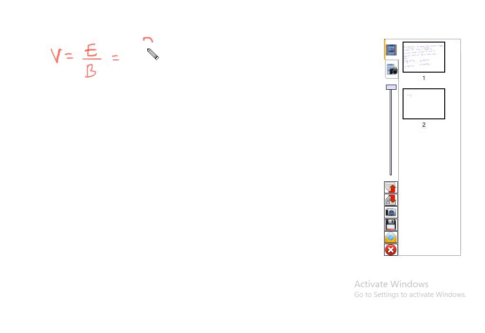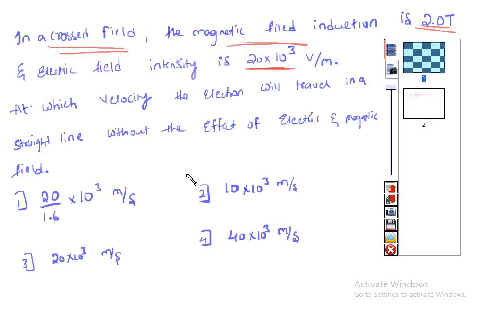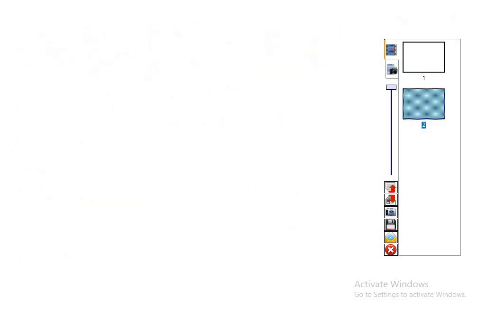E is 20 into 10 cube, B is equal to 2. So the value is 10 into 10 to the power of 3 meter per second. So 10 into 10 to the power of 3 meter per second is the correct option, right? I hope it is clear. So let's get started with another question.